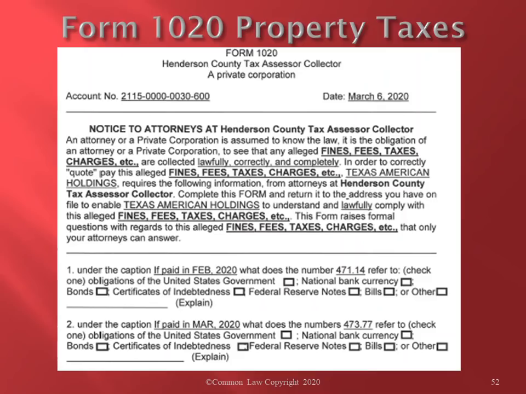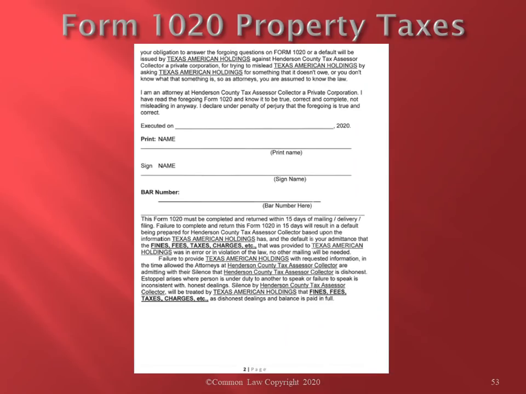Anyway, so I just do replace. And so then under the caption, if paid by February 2020, what does the number 471.14 refer to? And then also under the caption, if paid by March 2020, what does the number 473.77 refer to? So it's the same form. I mean, it works.